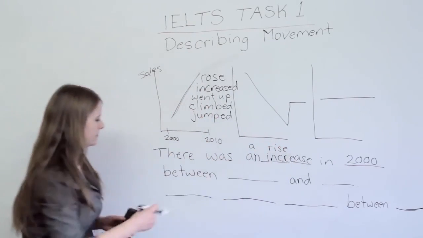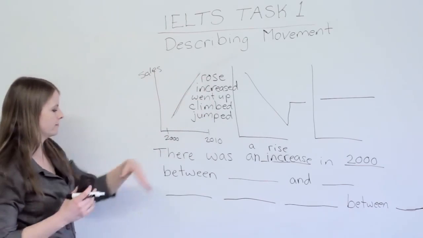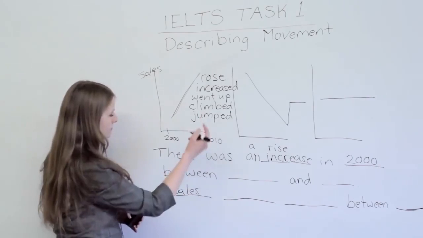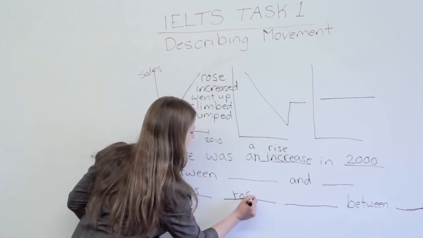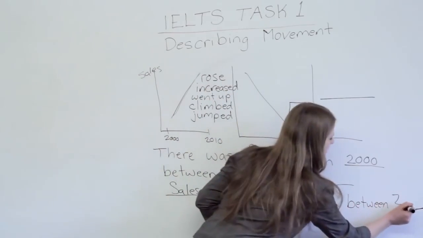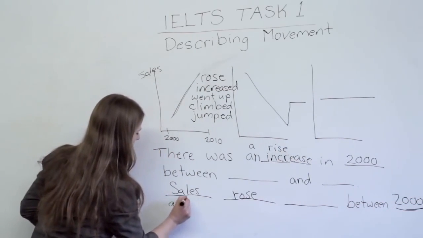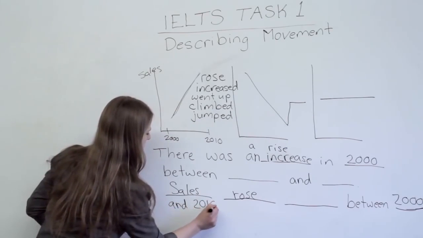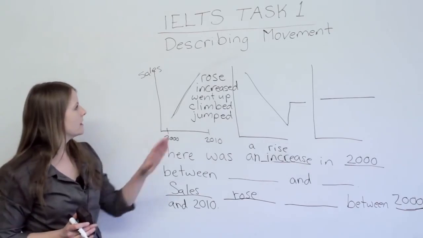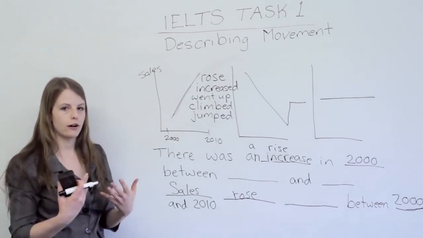If we decided to use it in a verbal form, we could say sales rose between 2000 and 2010. Okay? So we've looked at when trends go upward.